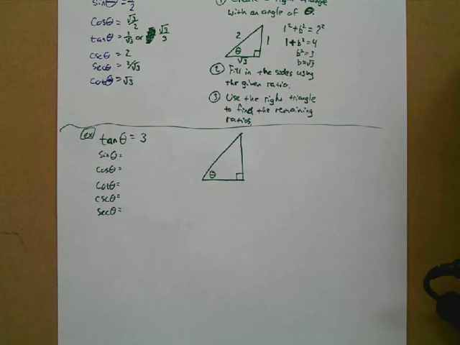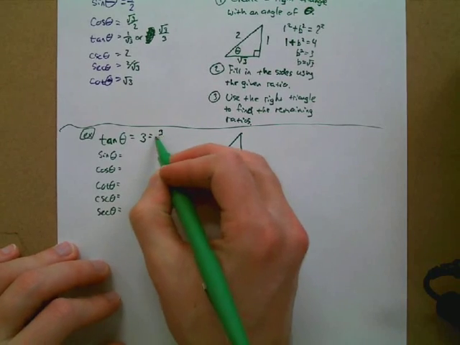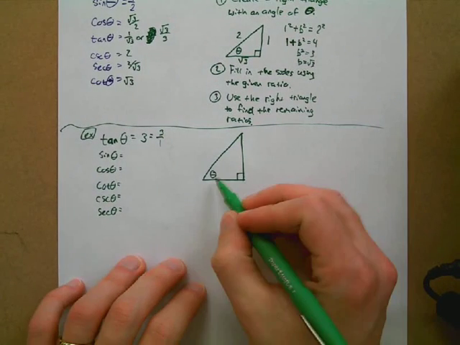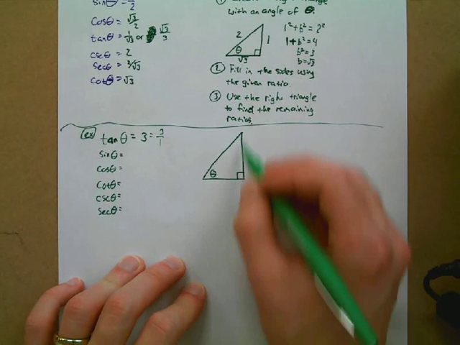So how can I label my triangle using just a 3? Baylor, what do you say? Yeah, exactly right. So rewrite that 3 as 3 over 1, okay? And so then opposite angle theta, I will label this side as what length, Baylor? 3. And then the adjacent leg I'll label as what? 1. There you go.